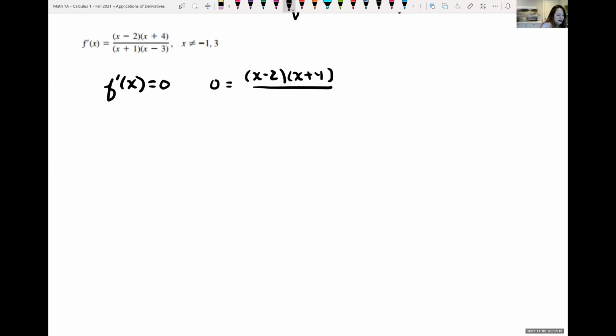The denominator, really, when we're looking for when it's equal to 0, is kind of useless, because if we multiply both sides of our equation by that denominator, it goes away, because 0 times anything is 0.